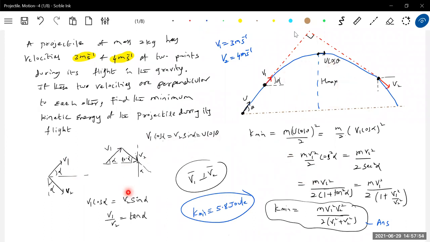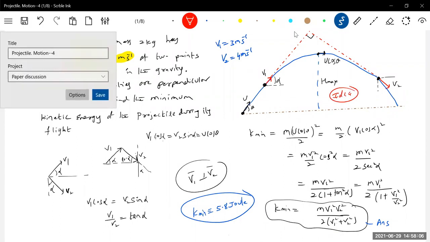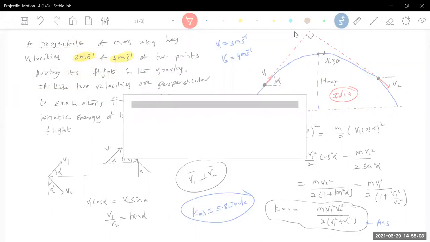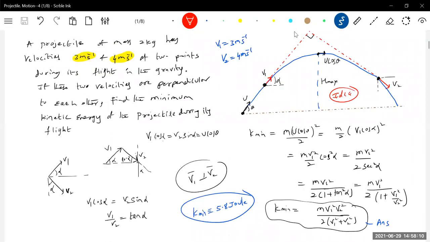These things will follow once you know this. This is the main part of the problem. 5.7 or 5.8 around; exactly, I'm not sure. Approximately, I'm putting.